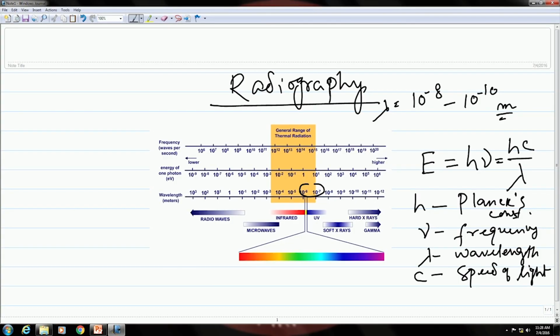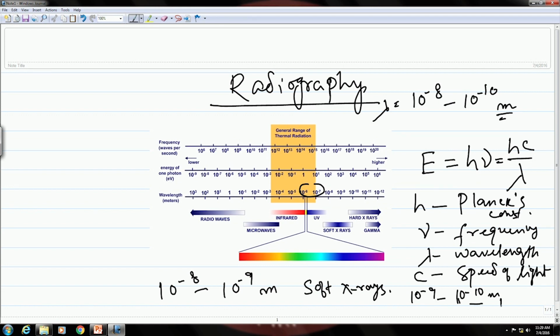When you have X-rays in the wavelength range of 10 to the power minus 8 to 10 to the power minus 9 meter, these are known as soft X-rays. If you increase the energy further, that means decrease the wavelength to the range of 10 to the power minus 9 to 10 to the power minus 10, then the energy of the X-rays will be much higher, and these are known as hard X-rays.